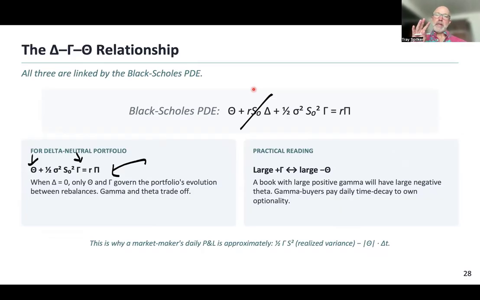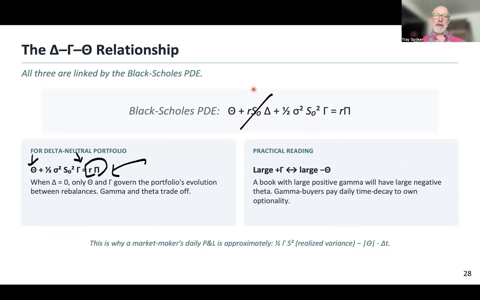The intuition here is that a delta neutral portfolio is basically earning the risk-free rate. It's essentially riskless return on capital because of this trade-off between theta and gamma, they trade off one for one with opposite signs.